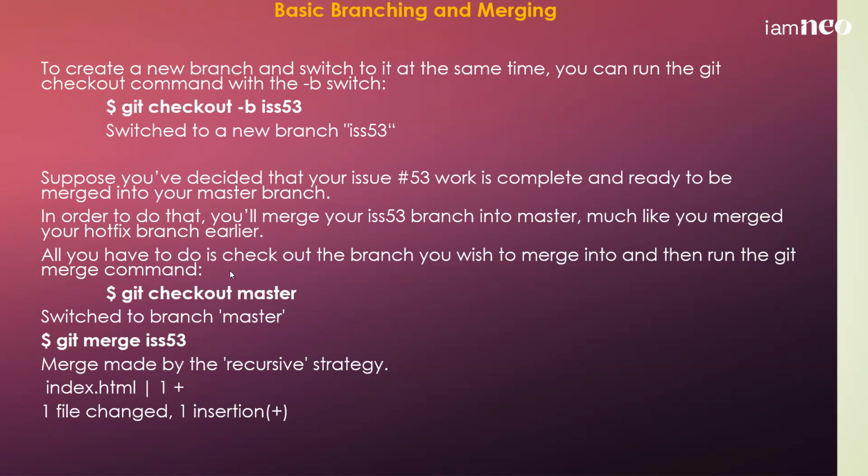You should first go to the master branch by giving git checkout master. Then you should merge the changes you have done in issue 53 to master by giving the command git merge issue 53. So whatever updations the new branch issue 53 has done will be merged to master.